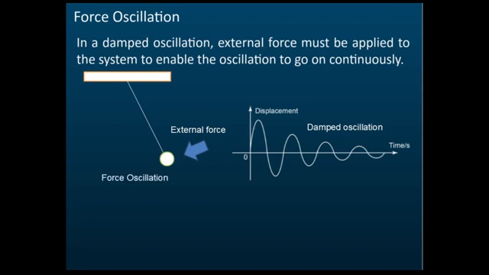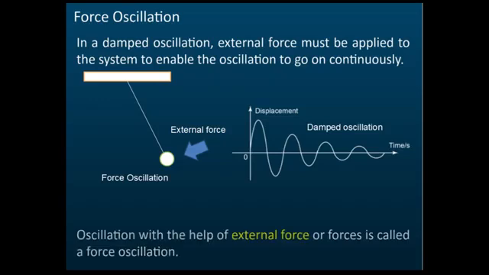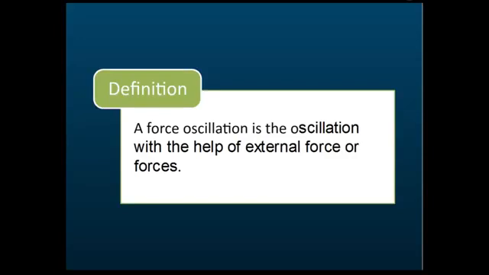If there's no external force, then it's just natural oscillations. But if a force is given, then it's called forced oscillations. So by definition, a forced oscillation is an oscillation with the help of an external force or forces.